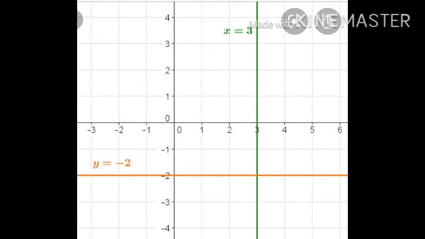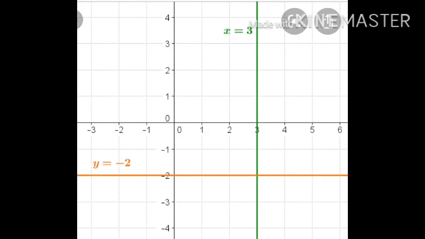This is given in your video with green color. When x is 3, the line is parallel to the y-axis, and with red color, y is equal to minus 2, the line is parallel to the x-axis. The coordinates of the origin are (0, 0).